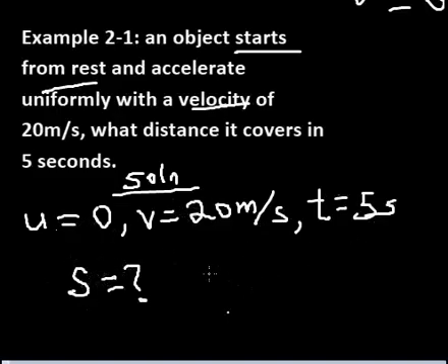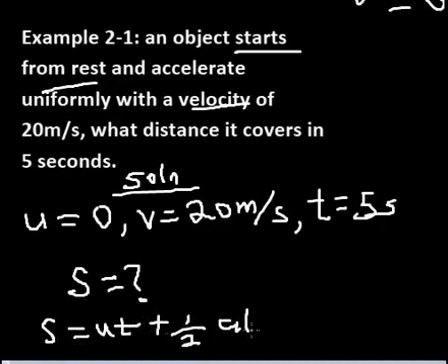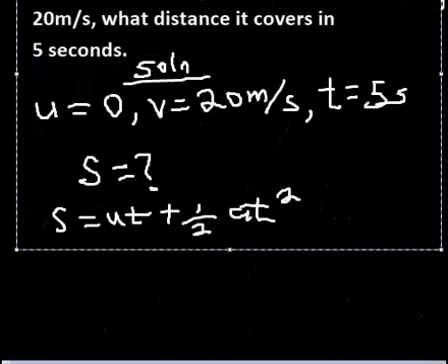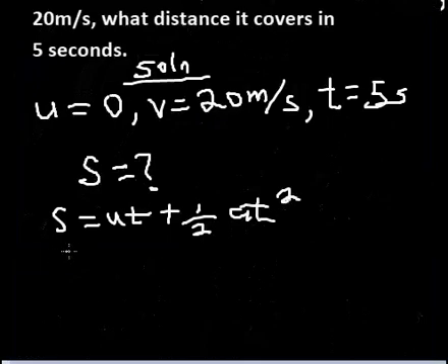You discover that the equation of motion that actually fits these parameters for you to find distance, because you're looking for distance, is the second equation, which goes like this: s is equal to ut plus half at square. So having known that, how do we go about this?